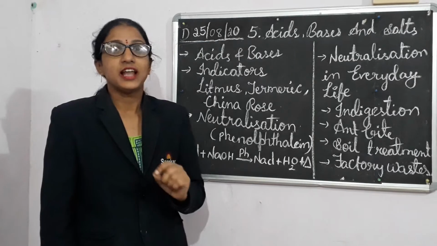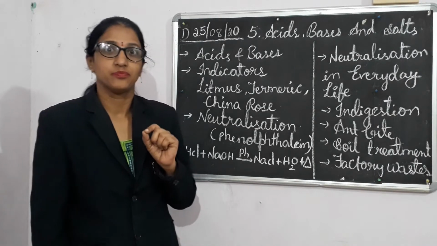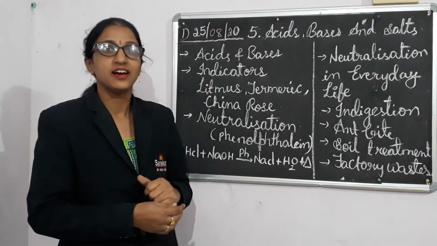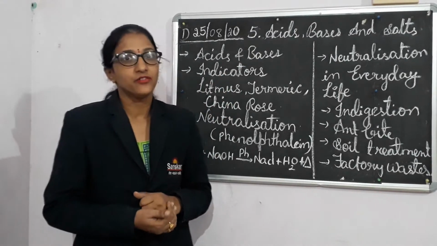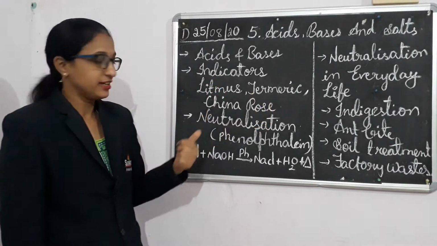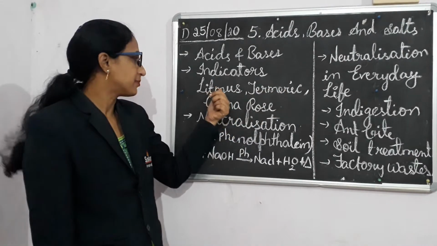But in a laboratory, we can't test chemicals by tasting them. So for that we need a few indicators to test the acidity and basicity of compounds. A few natural indicators are litmus, turmeric, and China rose.